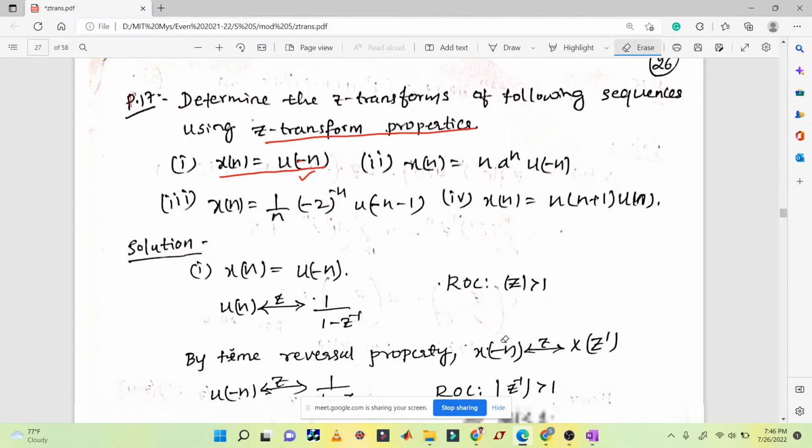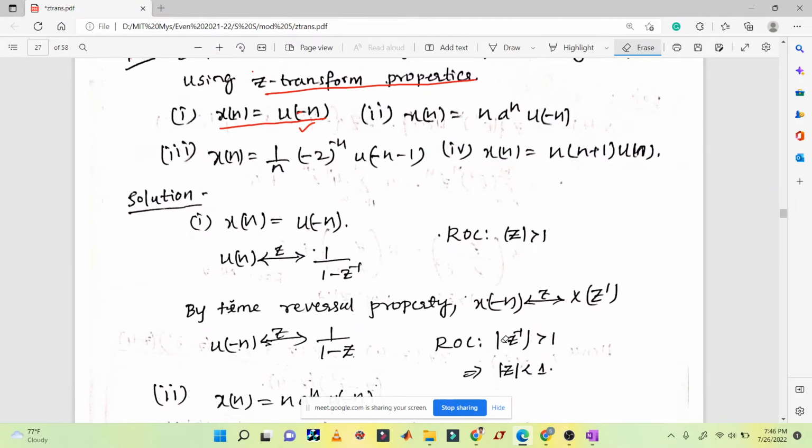Let us go with the first one, the very easy one. We know that u of n z transform is 1 divided by 1 minus z inverse.